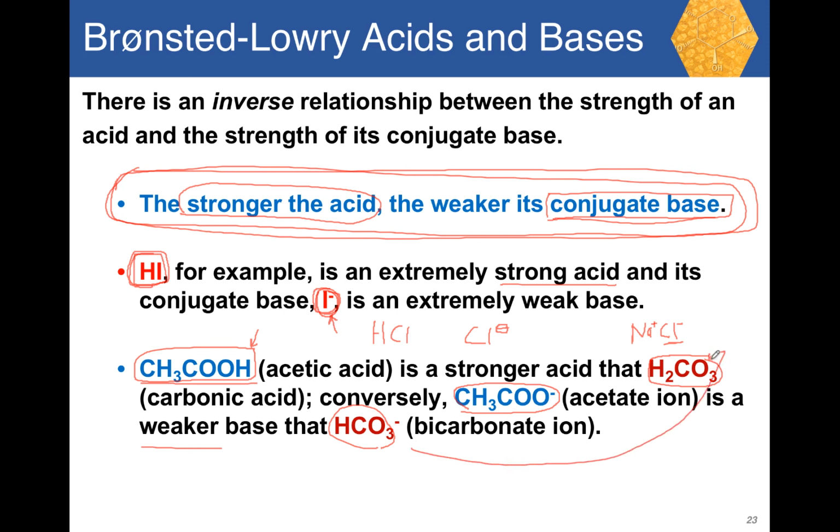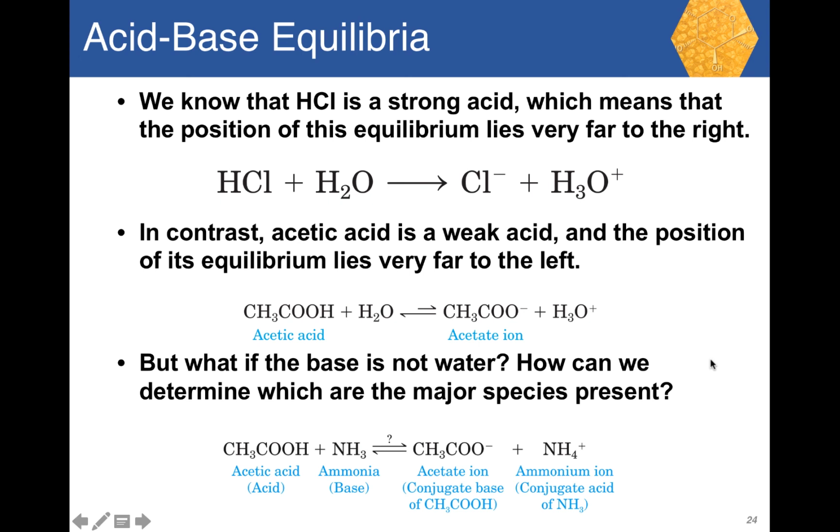So again, you can see the relativity of the strengths of conjugate bases. So if you have a very strong acid and a very weak acid, the strong acid will have a weak conjugate base and the weak acid will have a strong conjugate base. Okay?